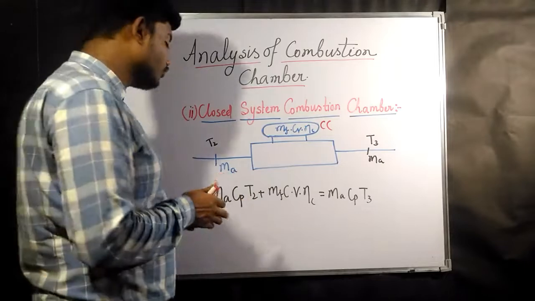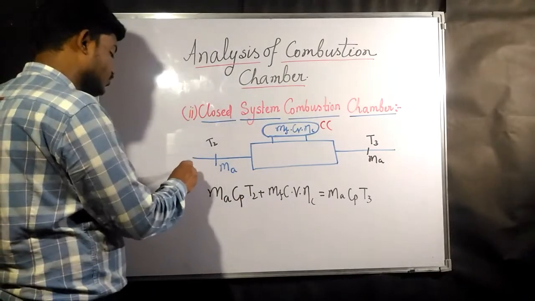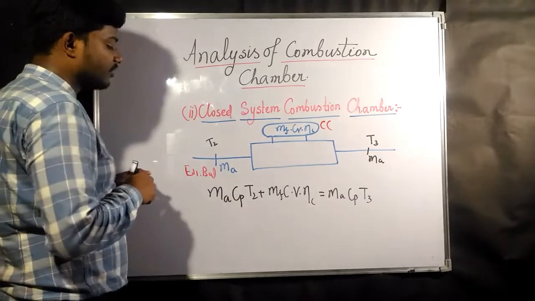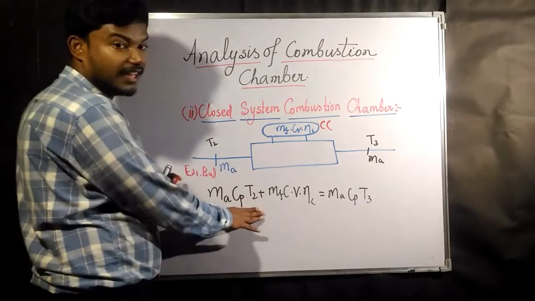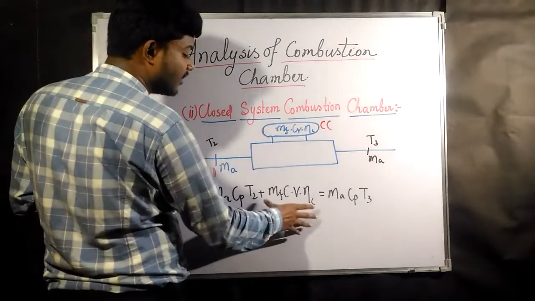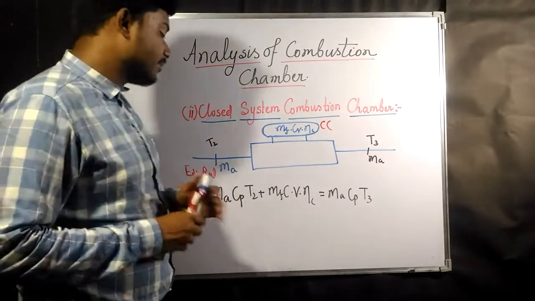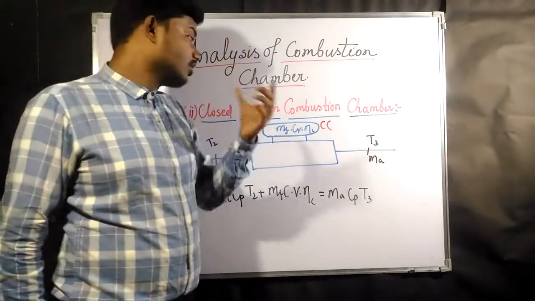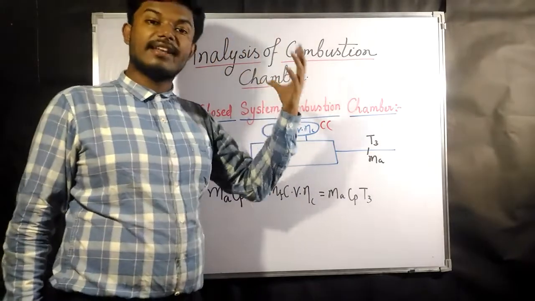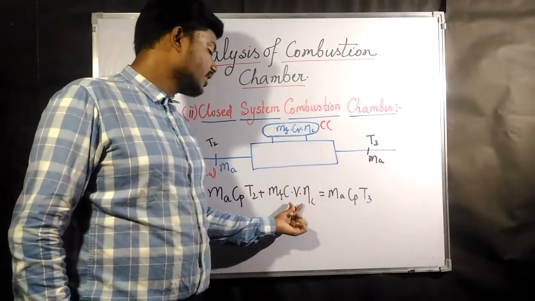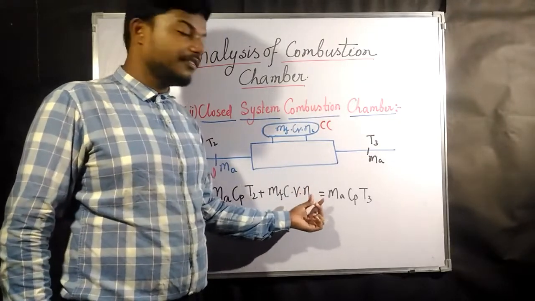Now if you go for the energy balance, what is going to be there? Mass of air into Cp into T2 is going to be the enthalpy at inlet. The amount of heat which comes for the open system combustion chamber and the closed system combustion chamber is going to be the same: mass of fuel into calorific value into combustion efficiency.